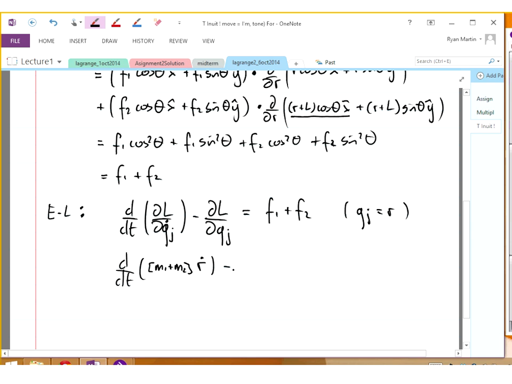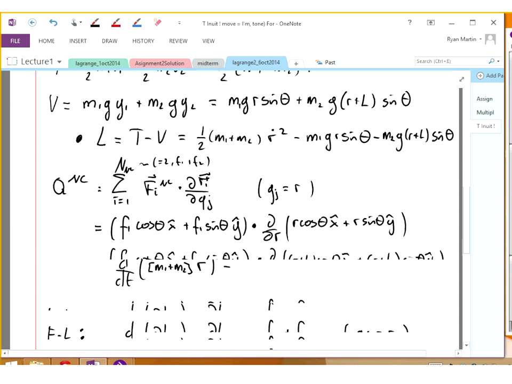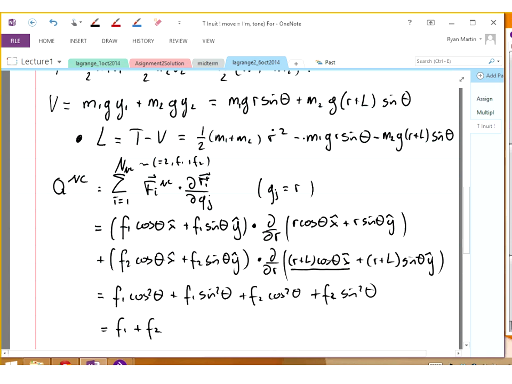And then I'll have to do minus ∂L/∂qj. So in the Lagrangian, both the terms that have r's in them have a minus sign, and they just have r to the first power. Since both terms are minuses, they're going to become pluses.